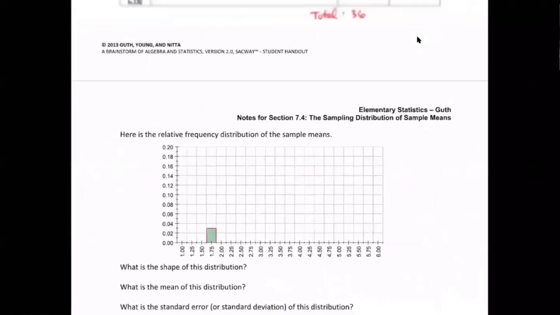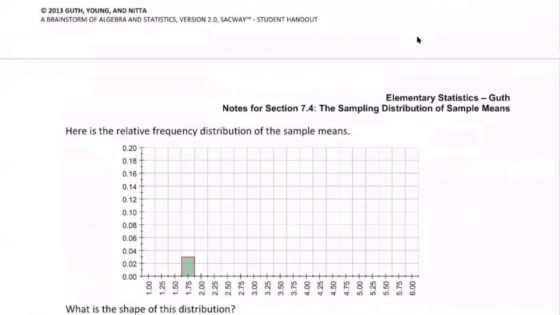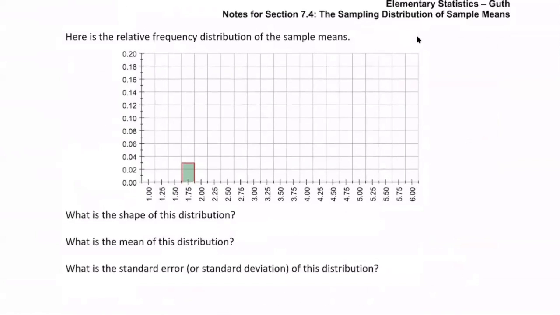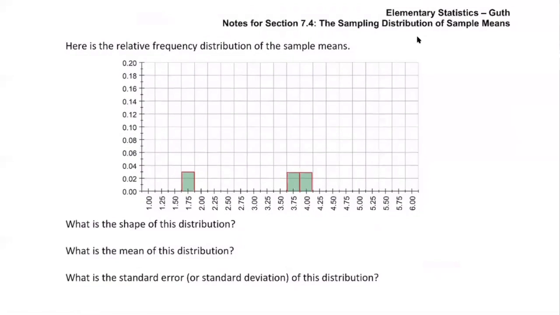Okay, so that also goes, 1 out of 36 goes to the 3.75, to the 4, to those. Or more, I think.